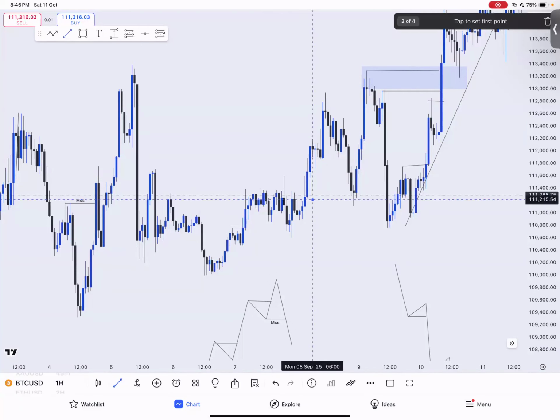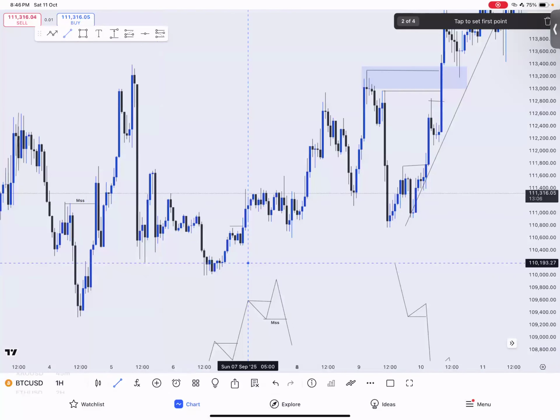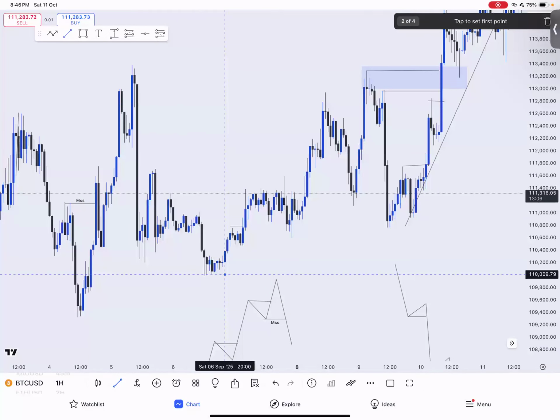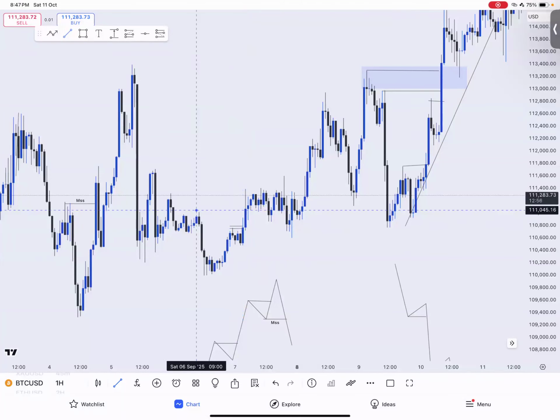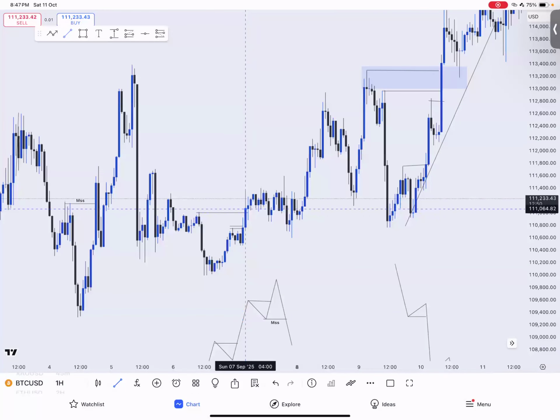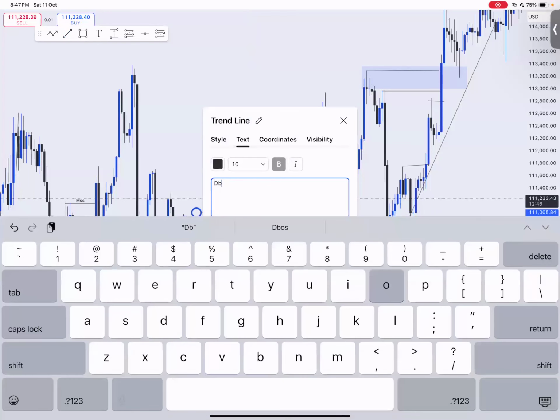If I missed the market shift entry and I want to find an entry for this uptrend, I will use double break of structure. And exactly when did I get my double break of structure? The moment price took out this high and also took out this high that was existing here previously and closed above that zone with the body of a candle. That is what you call a double break of structure.